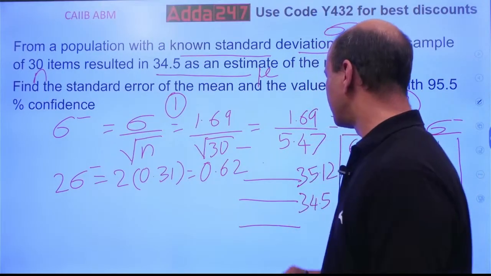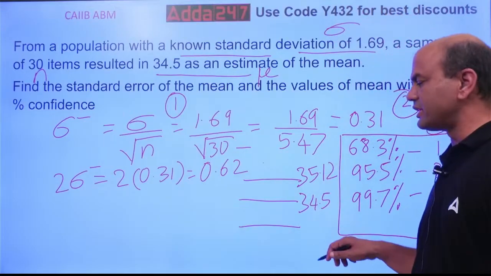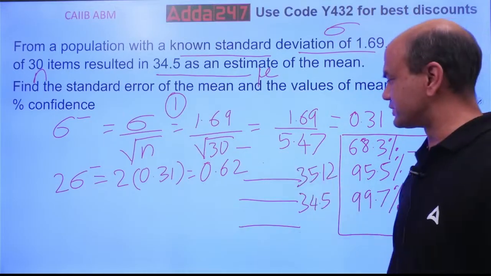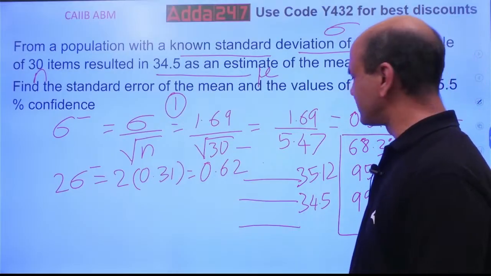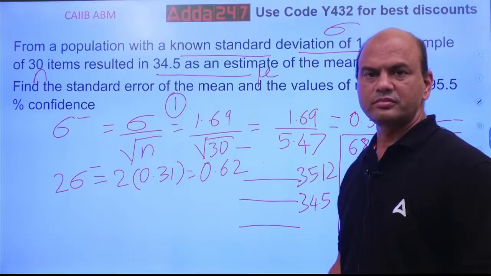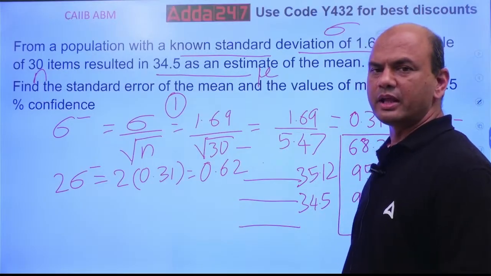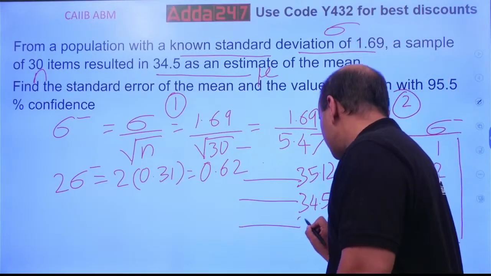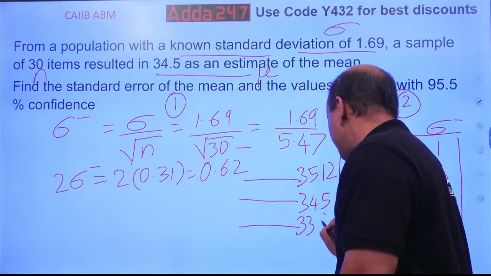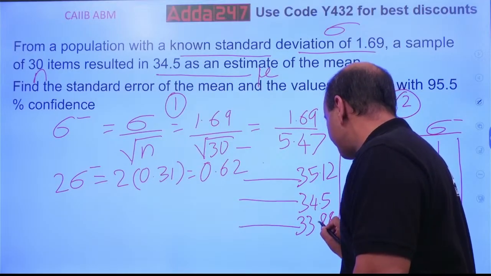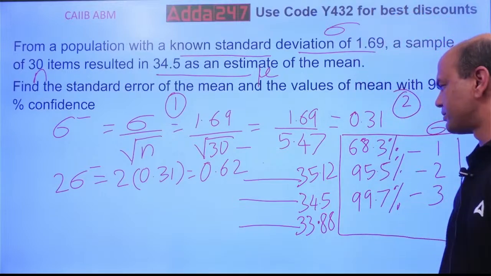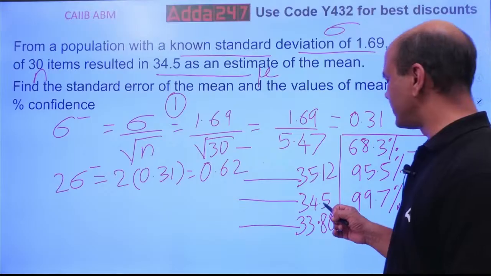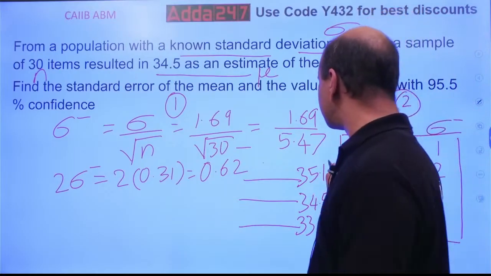35.12. Right? And what is the lower limit? 34.5 minus 0.62. So do it. Subtraction is difficult. So 33.88. Is it right? Yeah. 33.88. Got it? So these are the two answers.